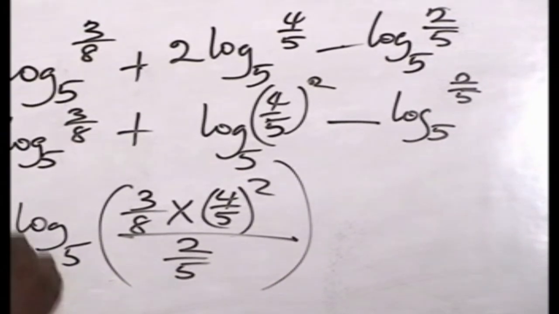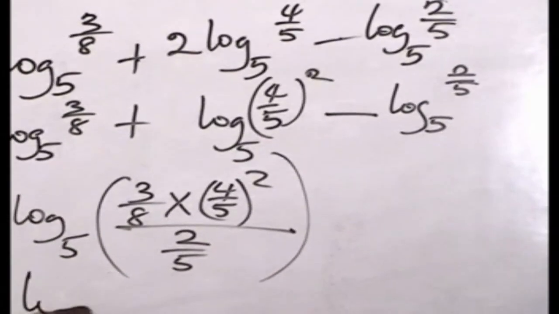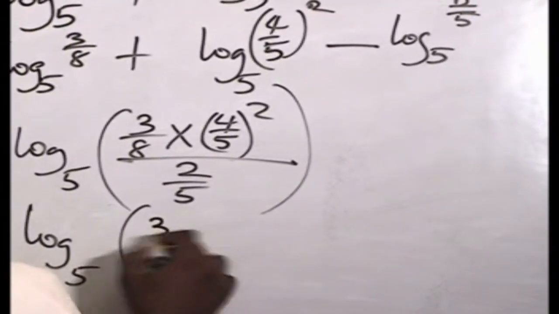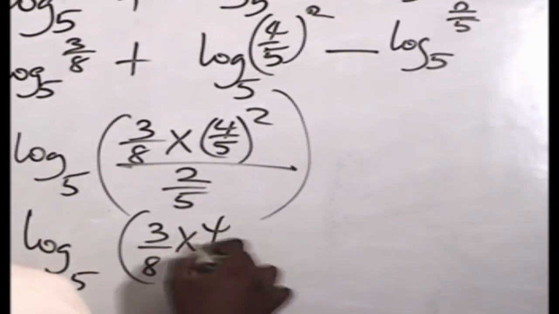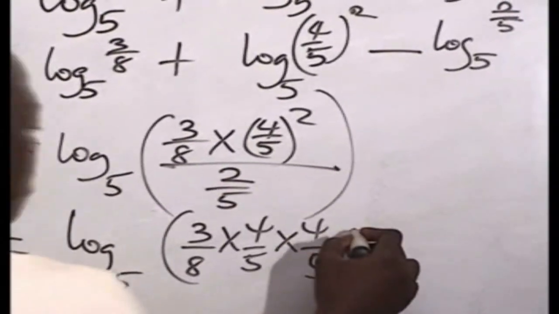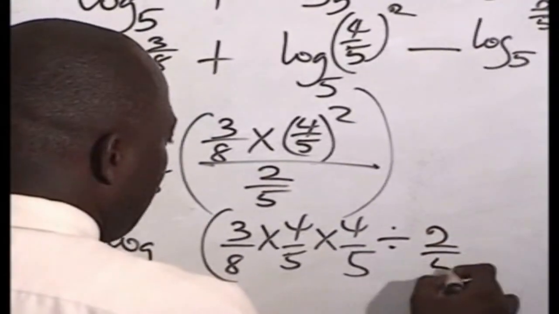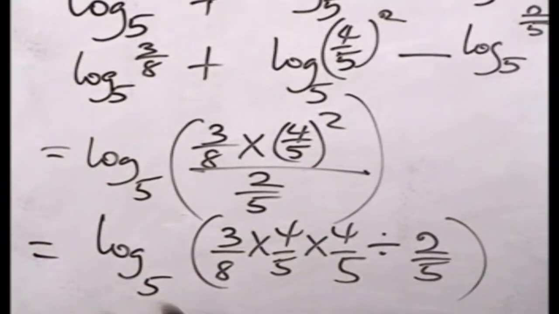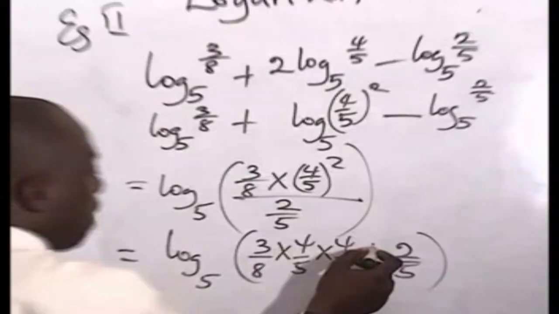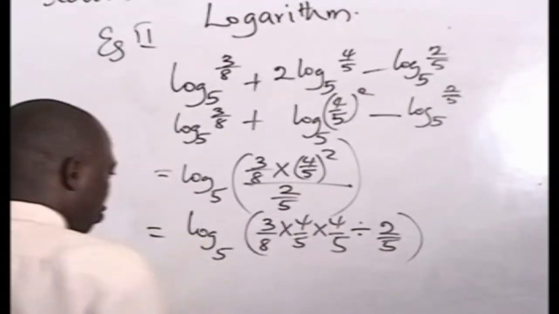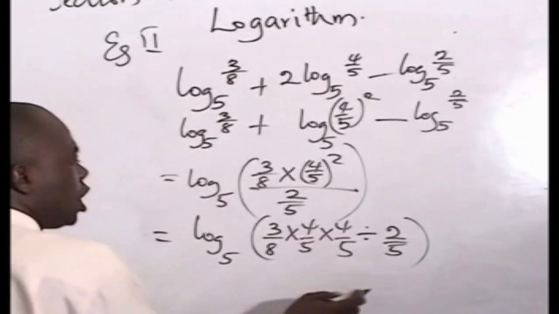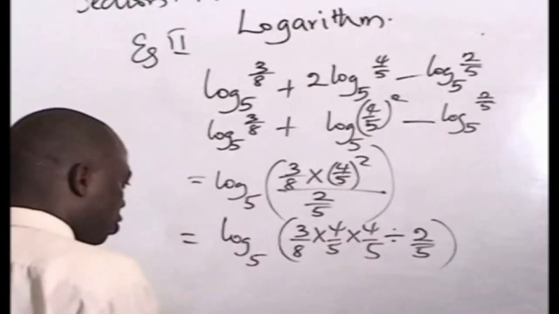Again, you move on to the next step. The log 5 is still outside. Then you have 3 over 8 times 4 over 5 times 4 over 5 divided by 2 over 5. Again, from your knowledge of fractions, you know that when you are dividing by a fraction, if you must change the sign division to multiplication, you will invert the fraction.